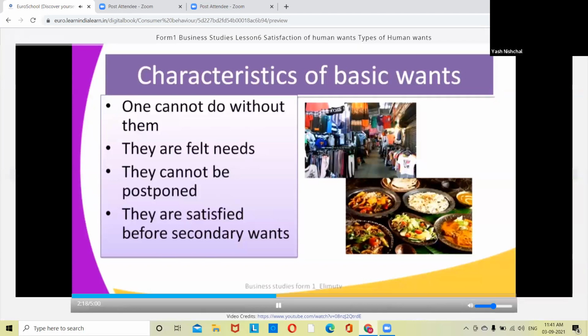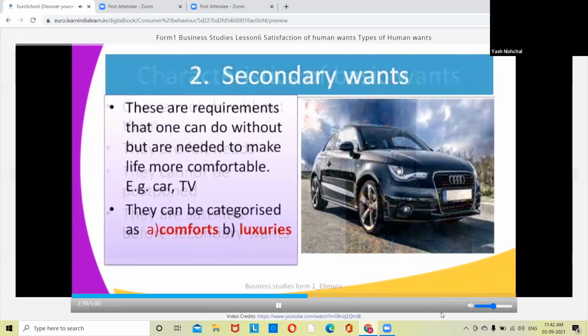We are going to look at secondary wants in the course of our lesson. But on this point, we are saying that basic wants are satisfied before secondary wants, because basic wants you cannot do without, but you can do without secondary wants.